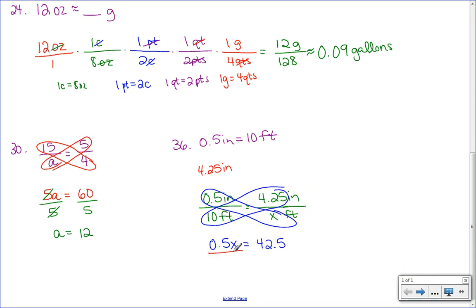And of course, to get x by itself, we'll divide by 0.5. And then x equals 4.25 divided by 0.5, which is 8.5. And our units were in feet, x feet, so 8.5 feet.